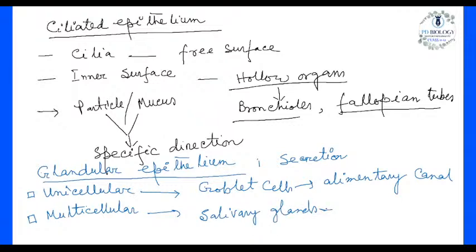So how many salivary glands are present in human? Can anybody tell me? So that is the three pairs: parotid, submaxillary and sublingual.